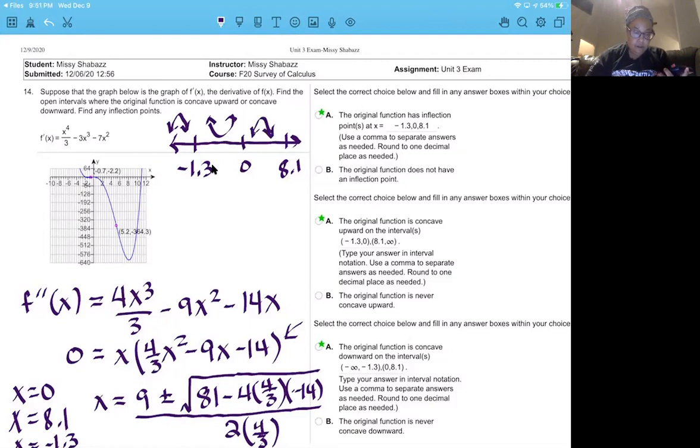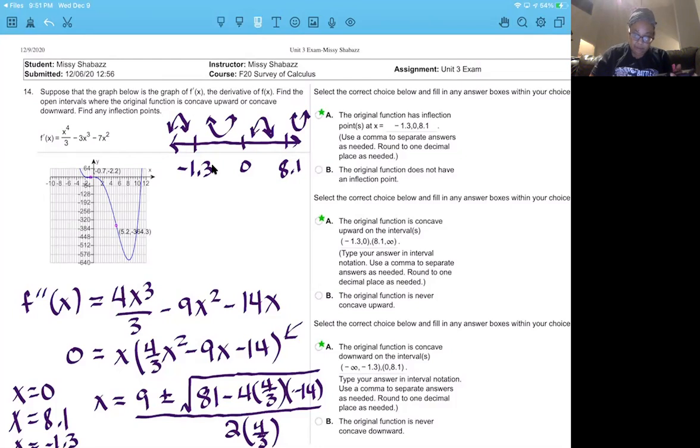And after 8.1, we should get concave up because it's increasing, but let's check just in case. Let's plug in 10. So 4/3 times 100 minus 90 minus 14, and we get concave up.